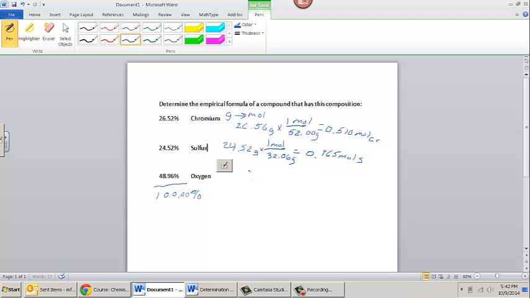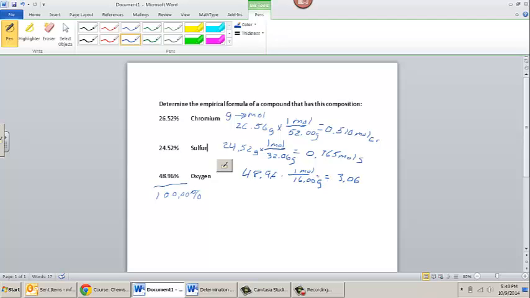Okay, and then we do the same thing for oxygen, which is the most abundant element in this compound, and we get 48.96 times 1 mole over 16.00 grams. And multiplying that out, we get 3.06.